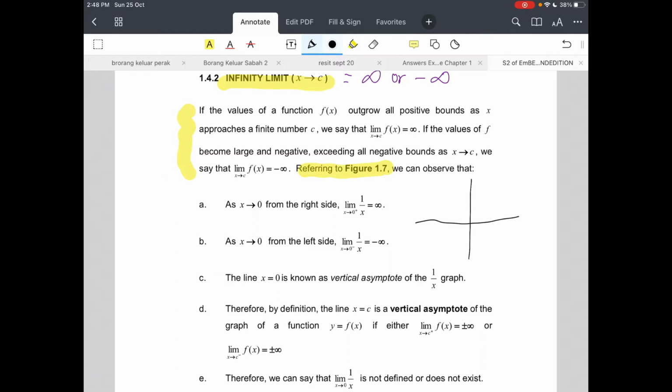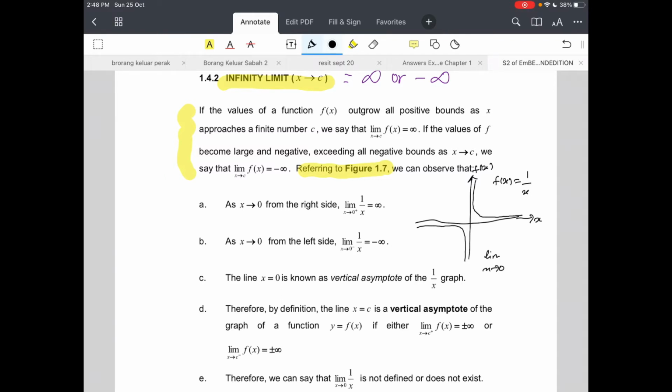We can manipulate the question, asking a different question. So figure 1.7 is f(x) equals to 1 over x. This is x, this is f(x). Now this time around we are looking into limit x approaching 0.